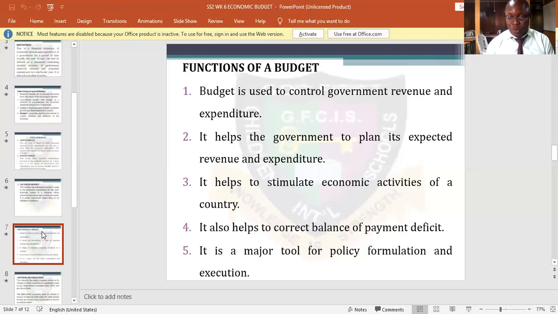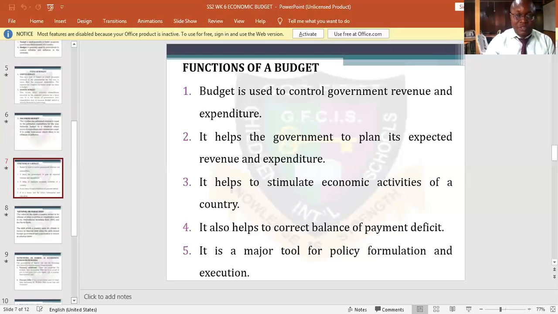They will use budget to control it, so there won't be any economic imbalance in the country. Lastly, they also use budget for policy formation and execution in case they want to do that. So that is what they use the budgets to do.